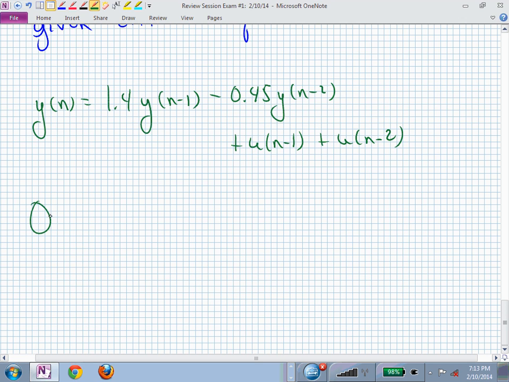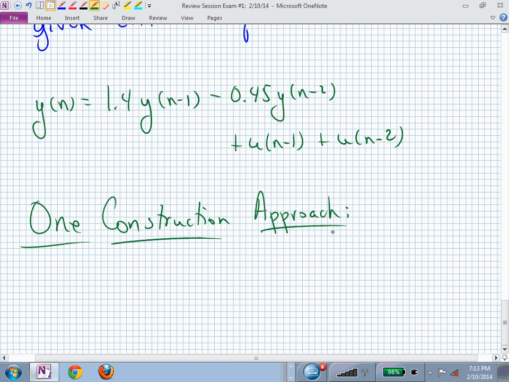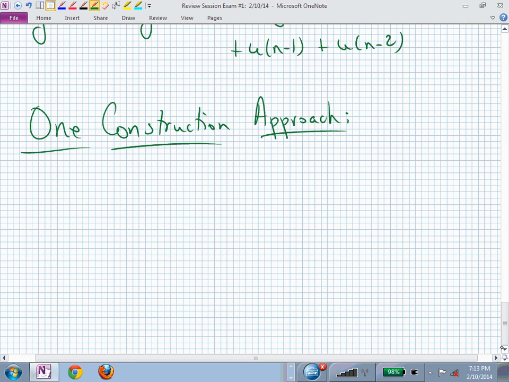I'm going to call this one construction approach, because you've already learned another one on, was it homework 2, where you had that new auxiliary variable. And the reason why we needed that was because we had delayed inputs, and we have delayed inputs here.